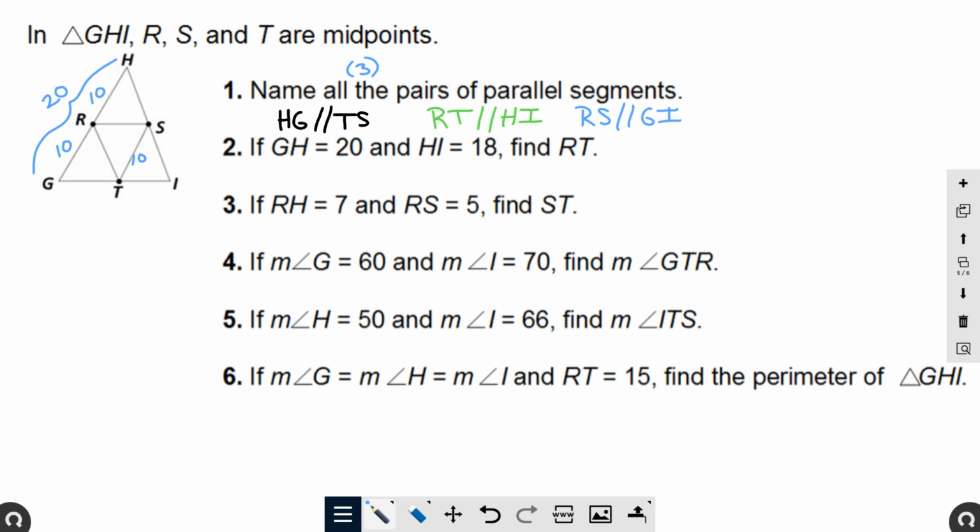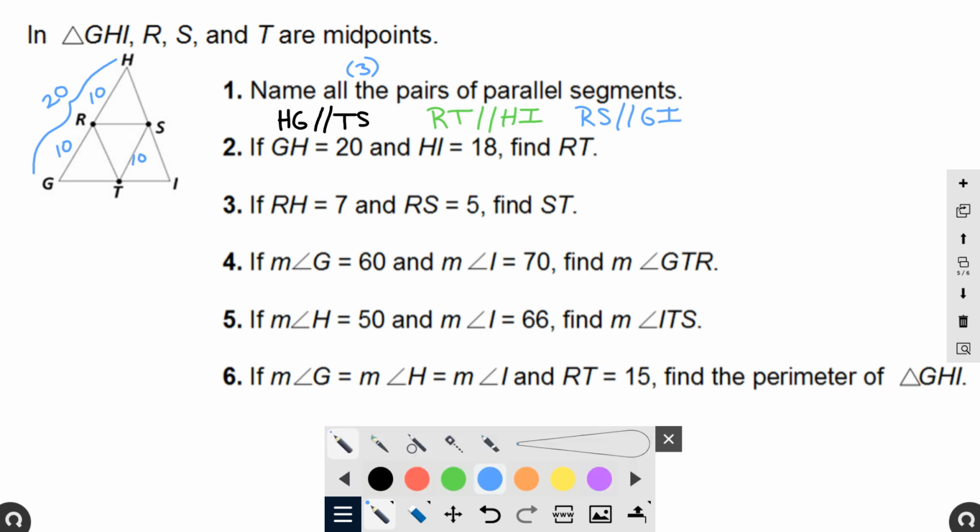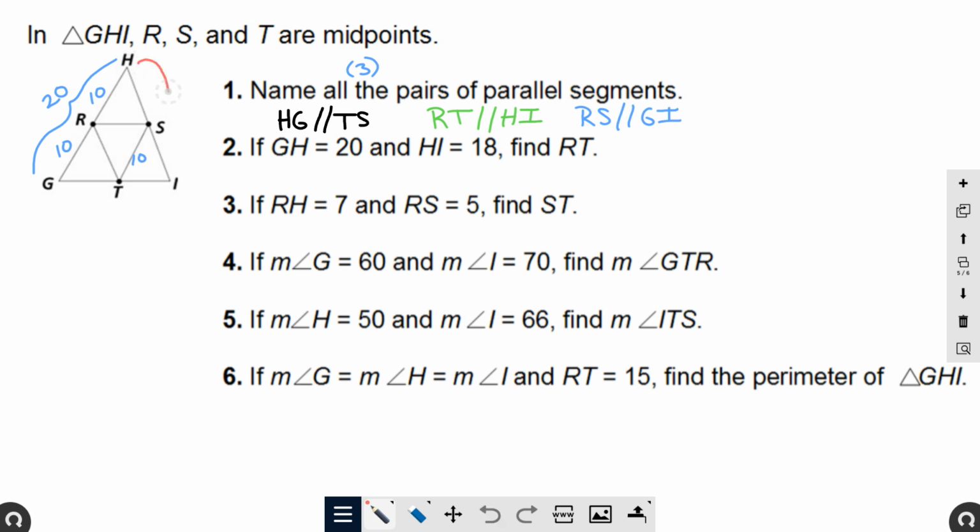Okay. Now, the other part that they gave us was HI is 18. So H to I is 18, which means HS is how much? SI is how much? And which is parallel, RT is how much? 9. So the question asks to find RT. What is RT? 9.